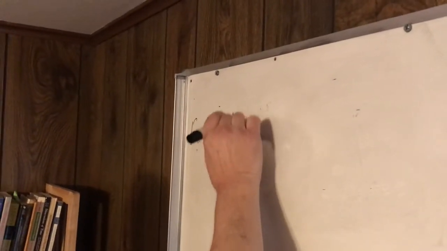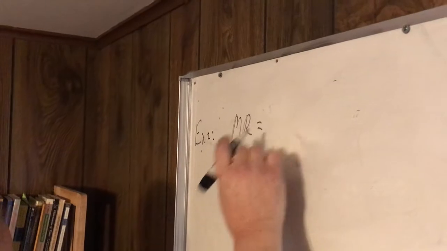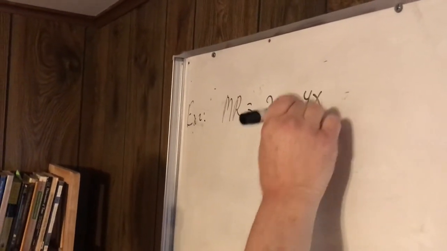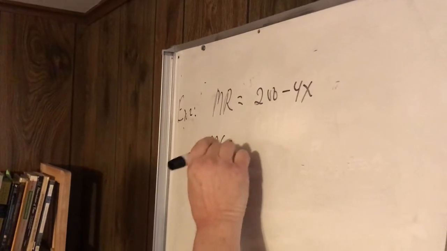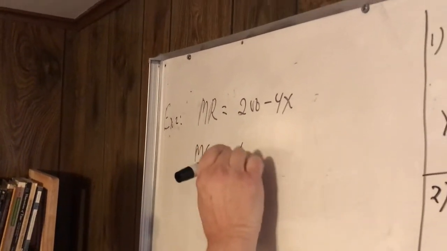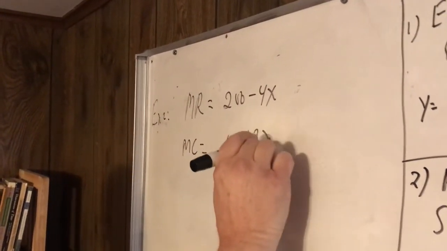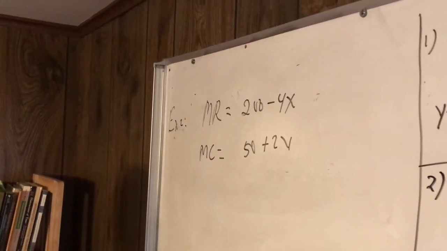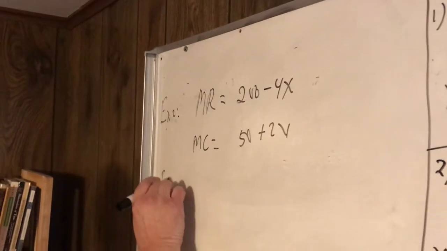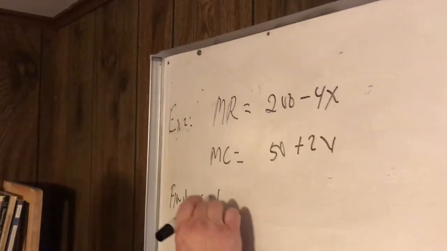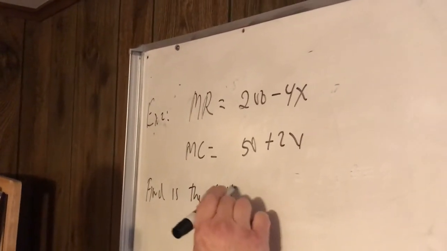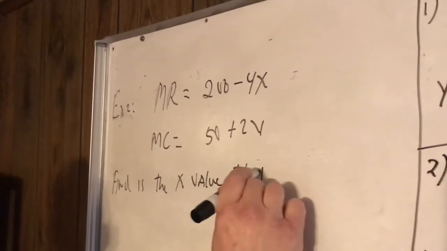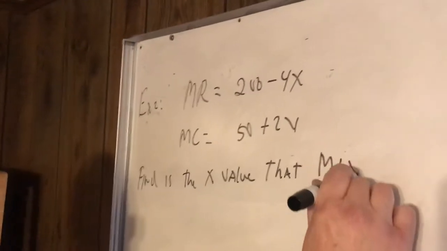They might say MR equals 200 minus 4x, MC equals 50 plus 2x. What they want to find here is the x value that maximizes profit.